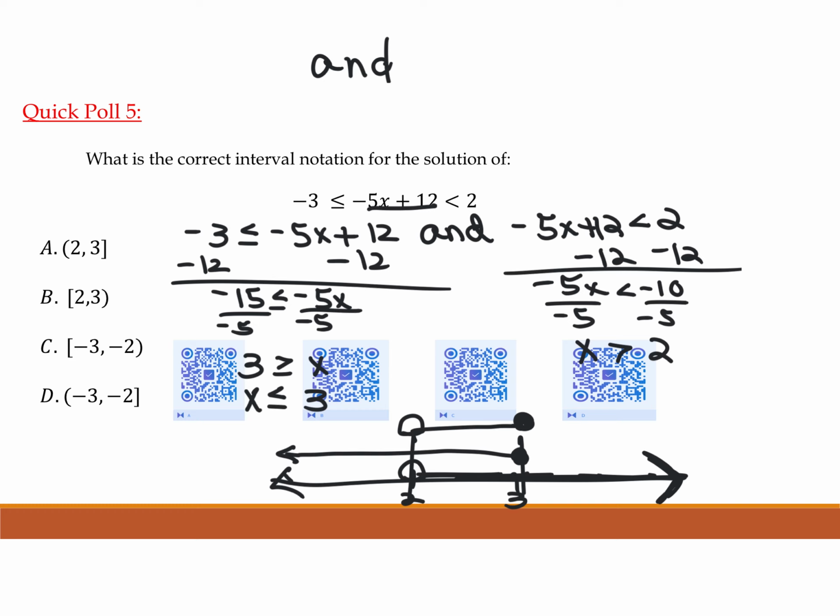So to write our solution in interval notation, my interval is going to be from 2 to 3. 2 has an open circle, so it is a parentheses. 3 has a closed circle. Therefore, it is a bracket.